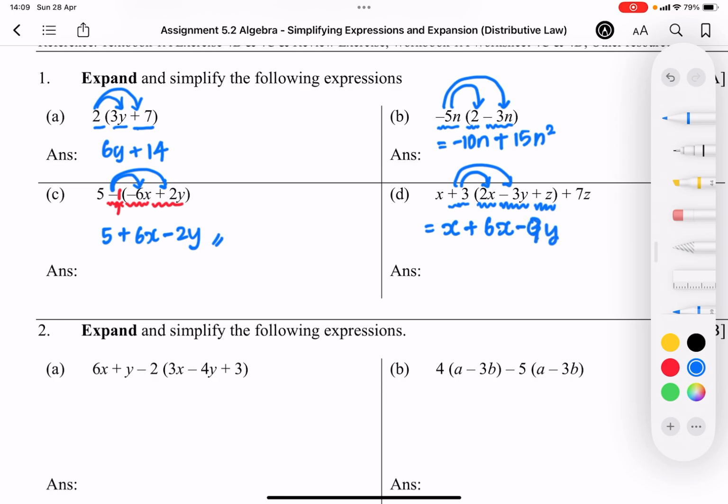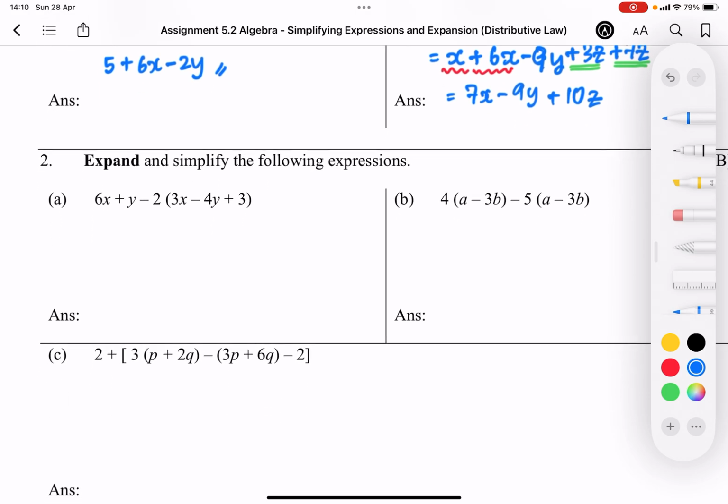And then over here, positive 3 times positive z will give positive 3z. And now what's left behind here is a plus 7z. We copy it down. Look for the like terms. Then we have the x term, and then we have the z terms. So with this, we will get 7x minus 9y plus 10z.